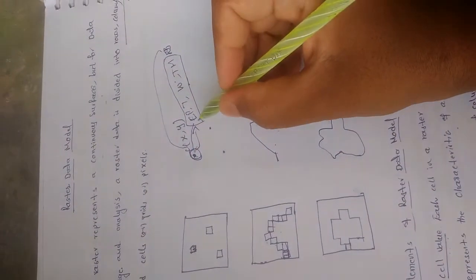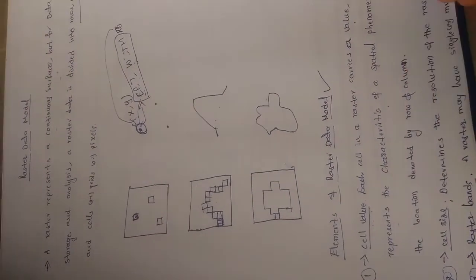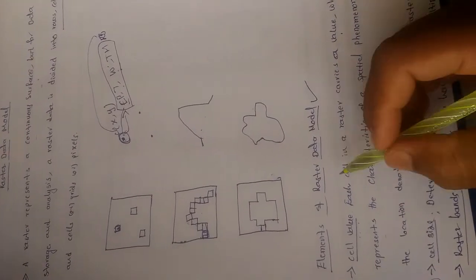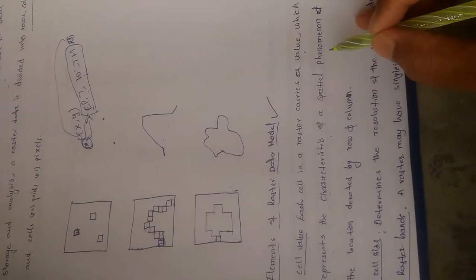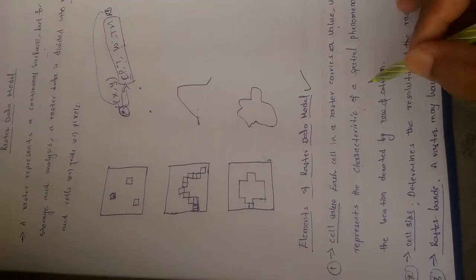It may be electrical poles, it may be a tree, it may be wells, or residential buildings, or any other soil characteristics that are existing. That comes under the cell value. It will represent the spatial phenomena at the location denoted by the rows and columns.